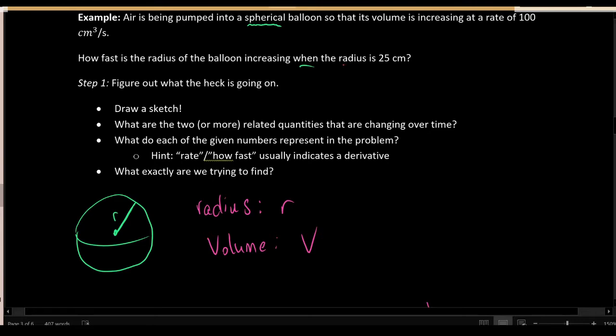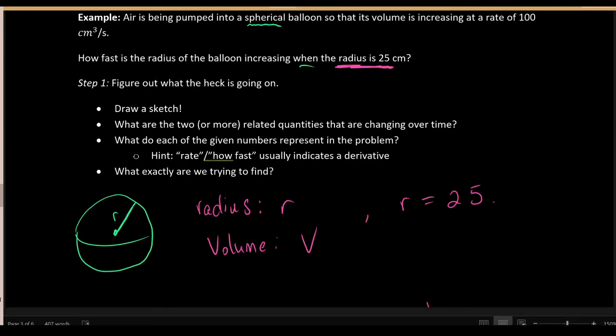The first thing that I noticed that's interesting is that at the end of the problem, they're telling me that the radius is 25. So I'm going to make a quick note of that. Radius is 25. r equals 25 in mathematical notation.